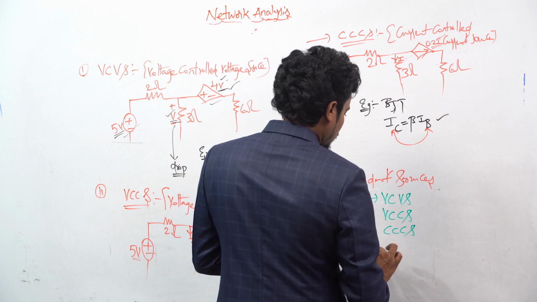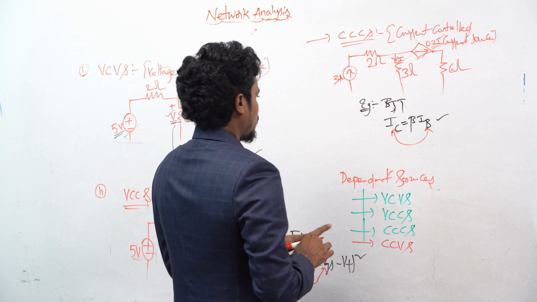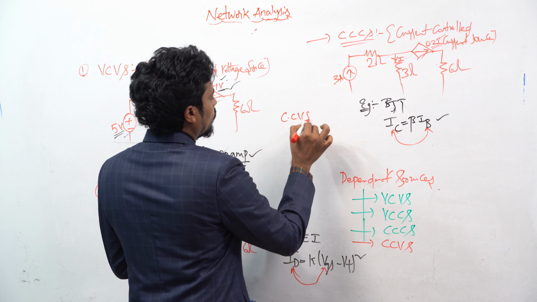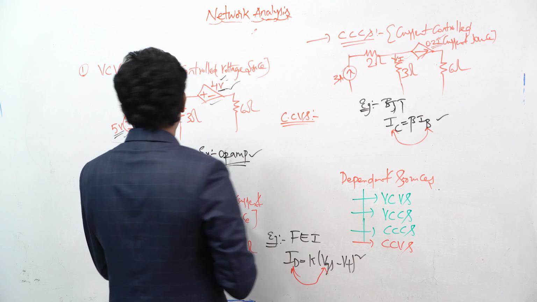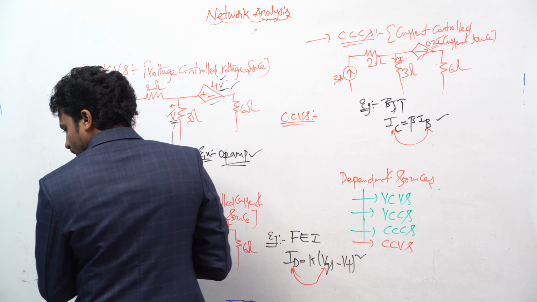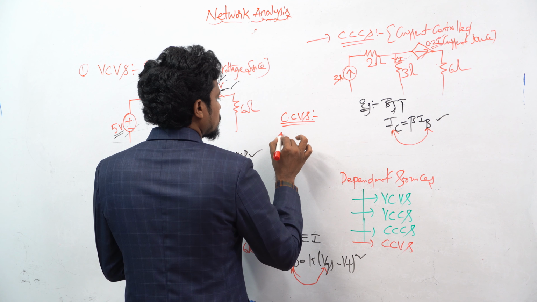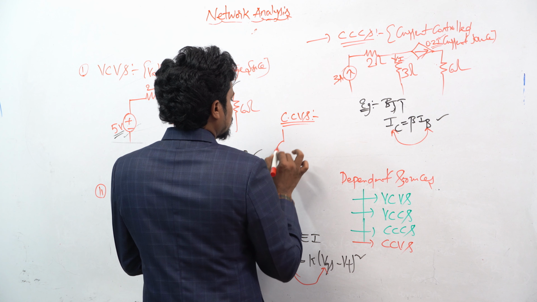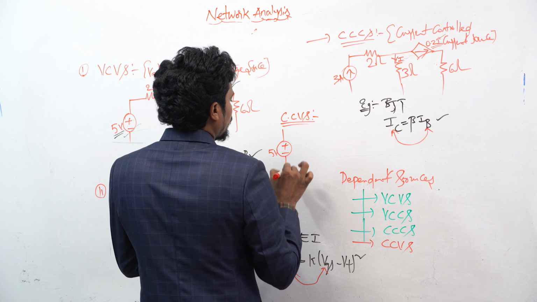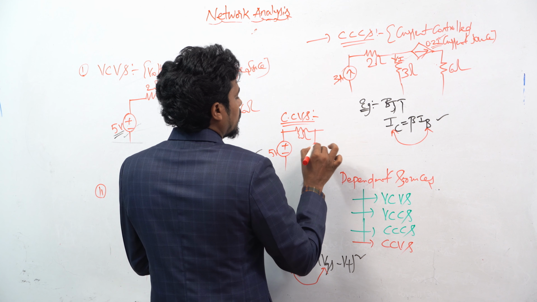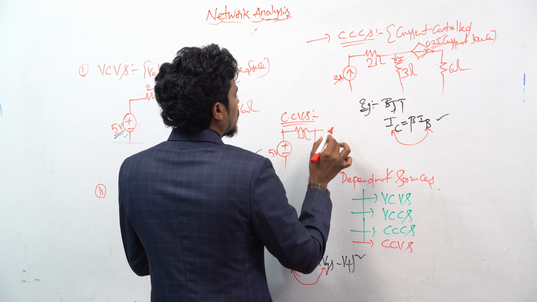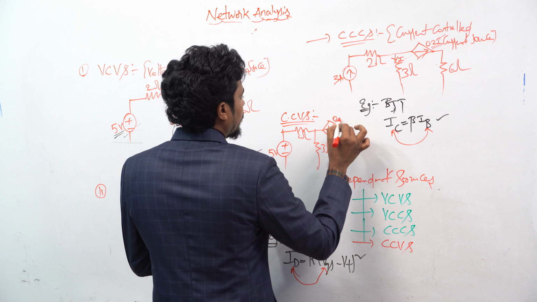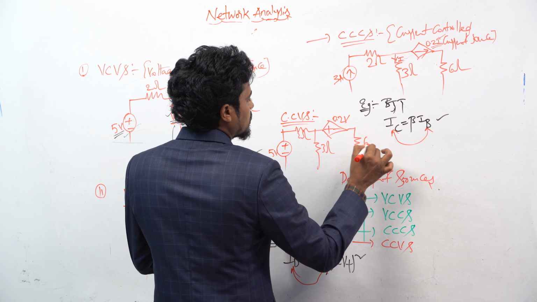That is the current controlled voltage source. For example, say this is 5 volt, this is 2 ohm, this is 3 ohm, and here this is 0.2 V, and here this is 6 ohm.